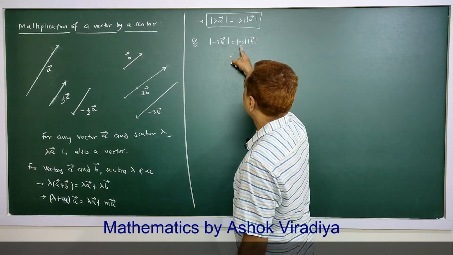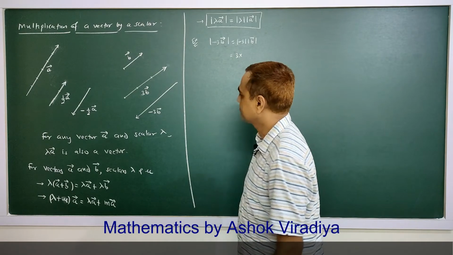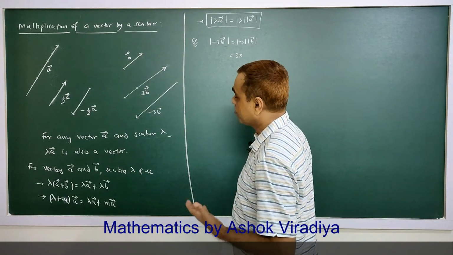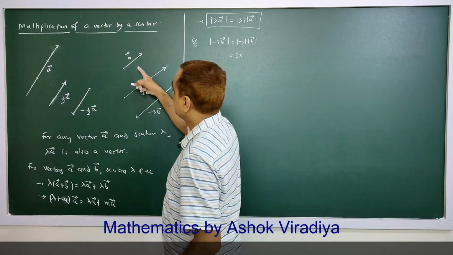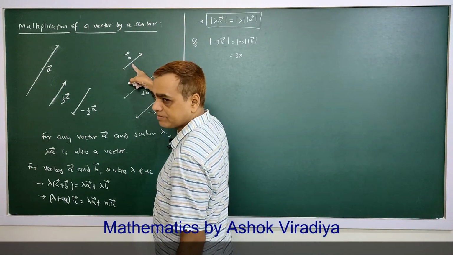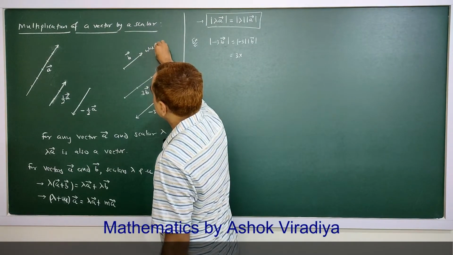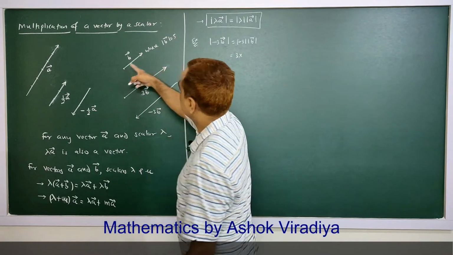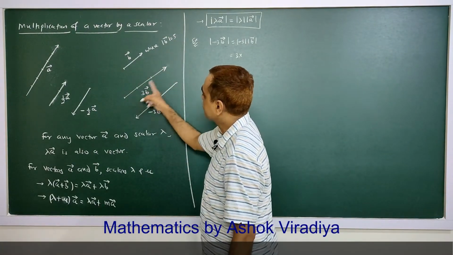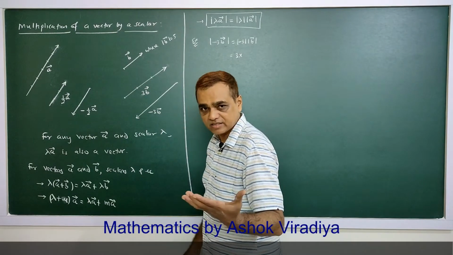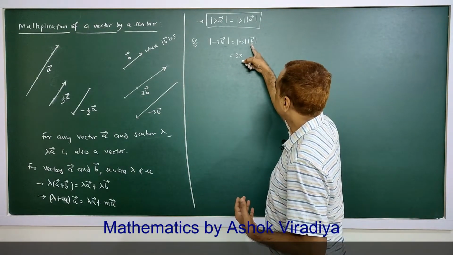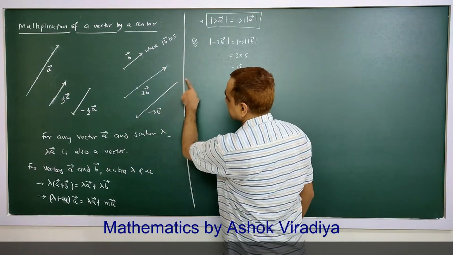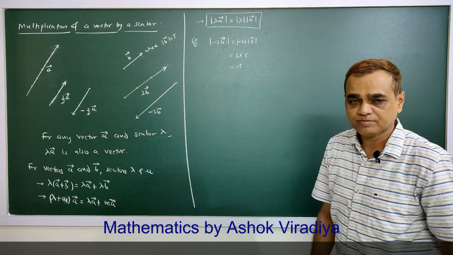That is, the modulus of minus 3 is 3, and suppose the magnitude of vector b is 5 units. So here the magnitude will be 15. So like this.